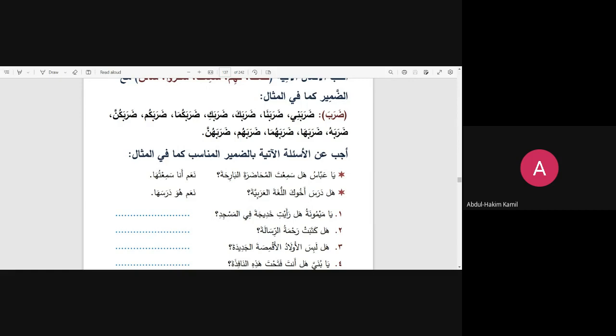What's the plural for ta'am? We had the plural for qamis, which was aqmisa. So what's the plural for ta'am? At'ima. Make it a ta. At'ima mukhtalifa, like different kinds of foods.